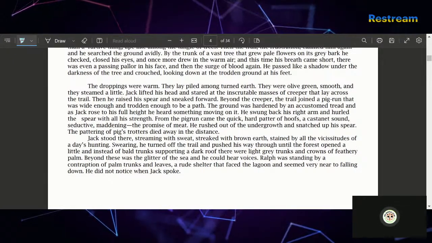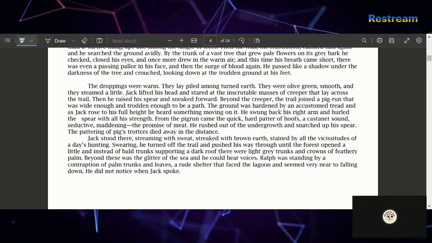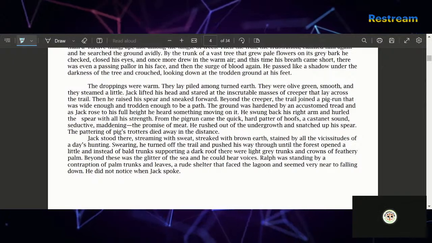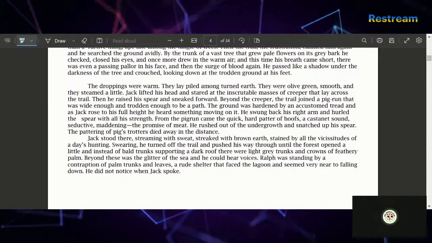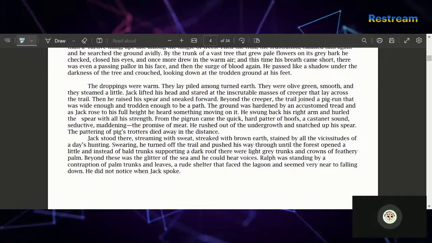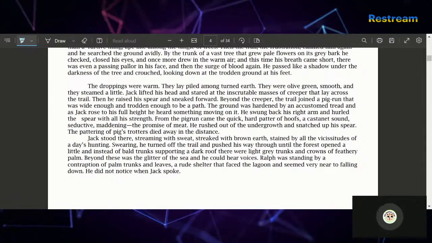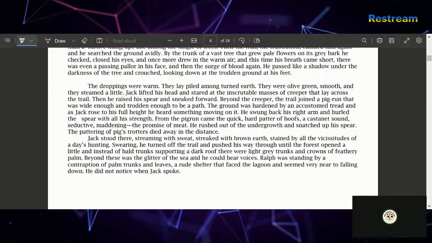From the pig run came the quick, hard patter of hoofs, a consonant sound, seductive, maddening, the promise of meat. He rushed out of the undergrowth, snatched up his spear. The patterning of pigs' trotters died away in the distance. Jack stood there, streaming with sweat, streaked with brown earth, stained by the vicissitudes of a day's hunting.